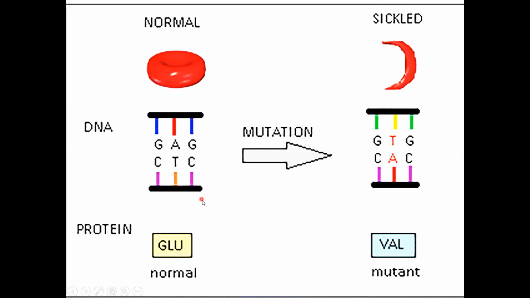So normally what happens is that we have a normal base sequence. You might have seen in part 1 where I told you GAG, that is guanine, adenine and guanine. These are the bases shown to you. Only a single change, that at the place of A there is T. गलती से GAG की जगह GTG आ गया है. So these nitrogenous bases are responsible for coding one amino acid. तो जो amino acid normal बनना था उसकी जगह पे valine, a mutant amino acid, बन गया है.